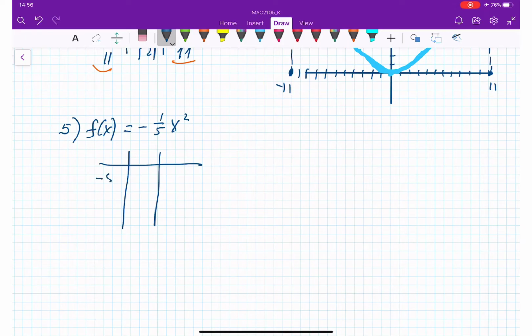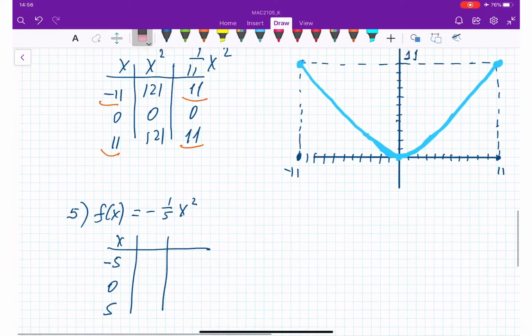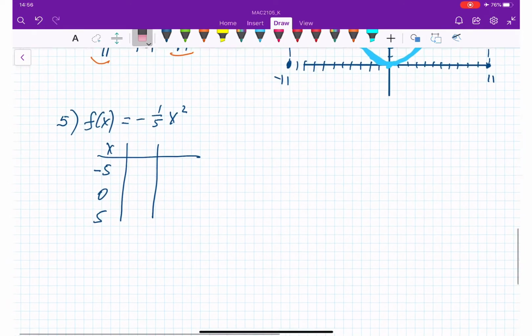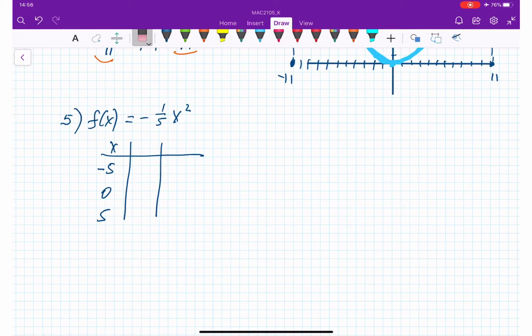I'm taking negative 5, 0, positive 5. Okay, let's go x squared and then negative 1/5 x squared.